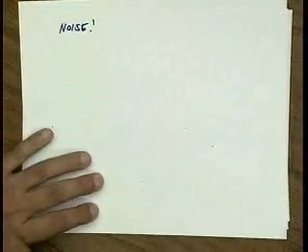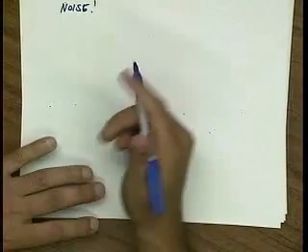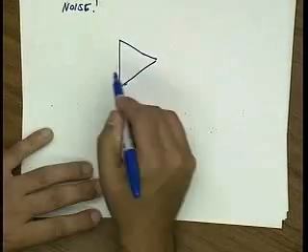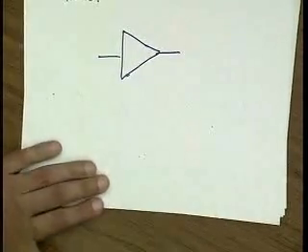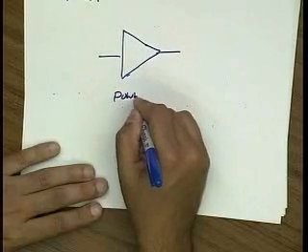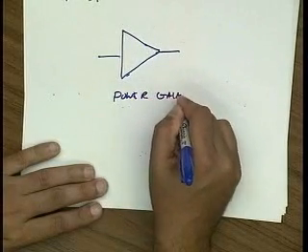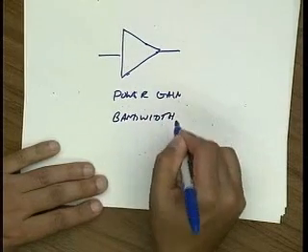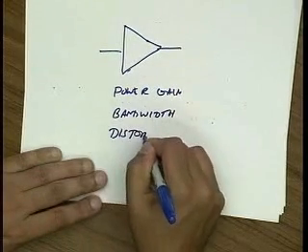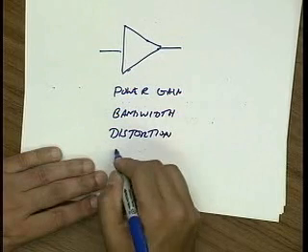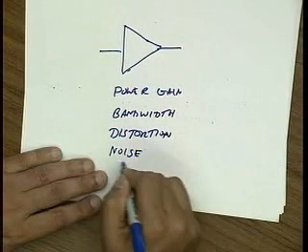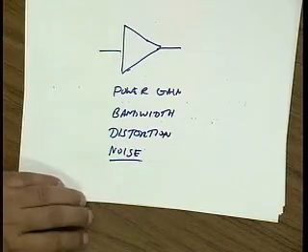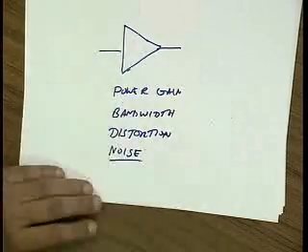Okay? And if I have a given amplifier, I can think of it in multiple dimensions. I can think of the power gain, right? I can think of its bandwidth. I can think about its distortion. And to complete the picture, I really need noise, because the noise tells me the smallest signals that I can process with an amplifier.